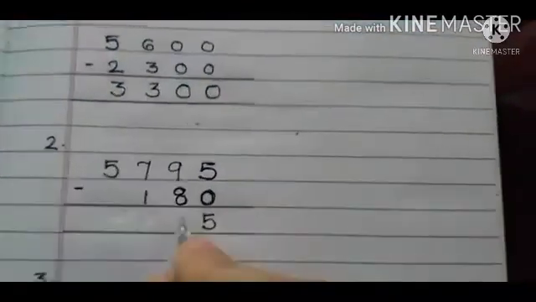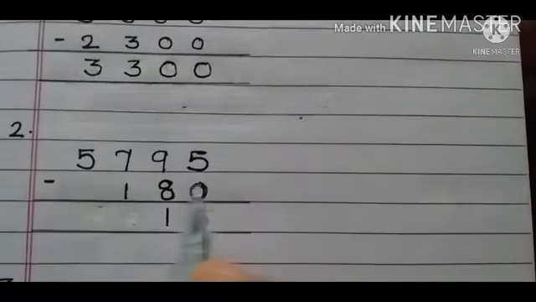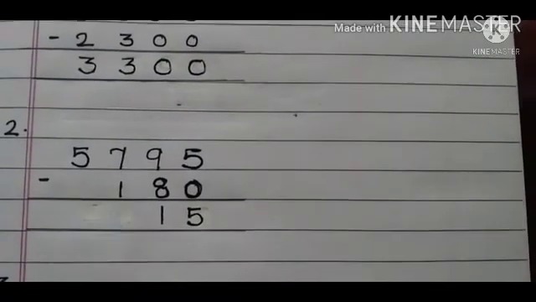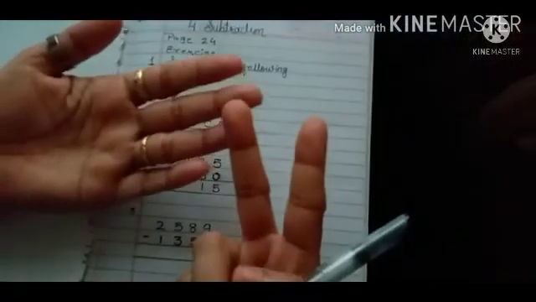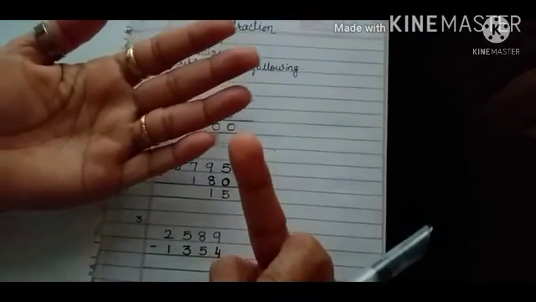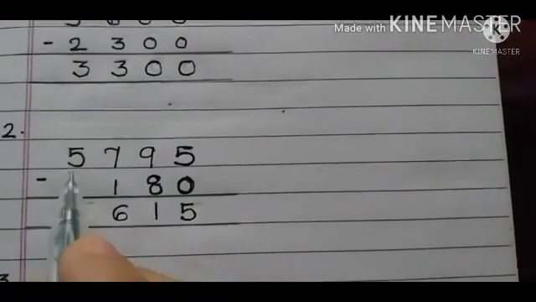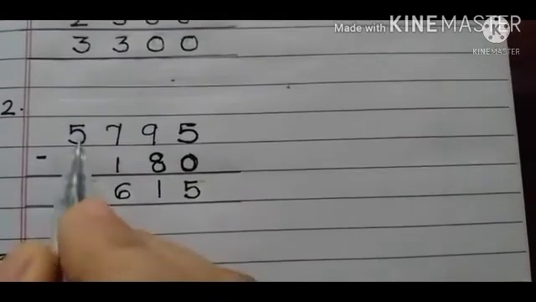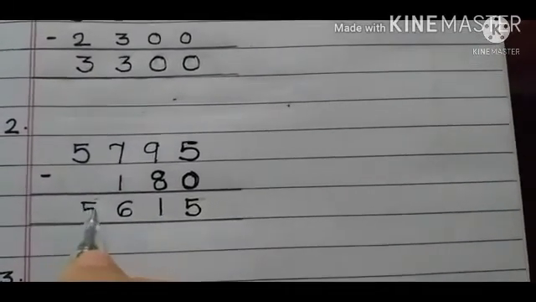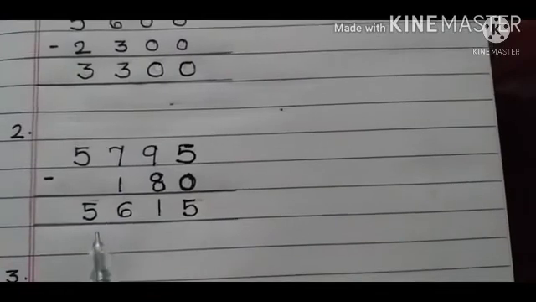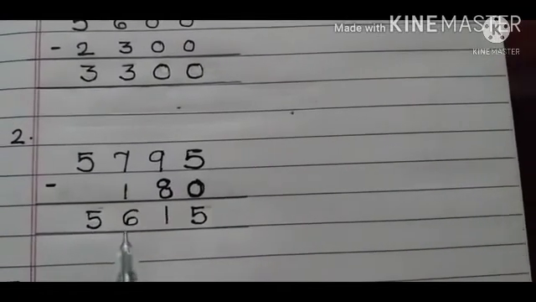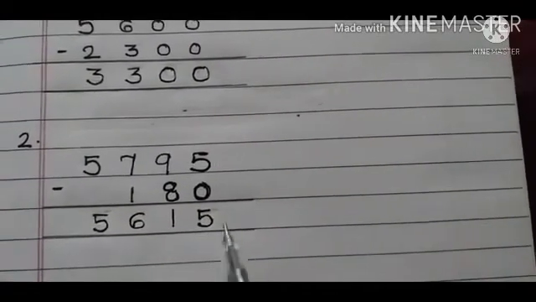So write down 1 in tens place. And in hundreds place 7 minus 1 is there. So 7 minus 1. 6 is remaining. So write down 6 in hundreds place. And in thousands place only 5 is there. So write down 5 in thousands place. So our answer is 5,615.